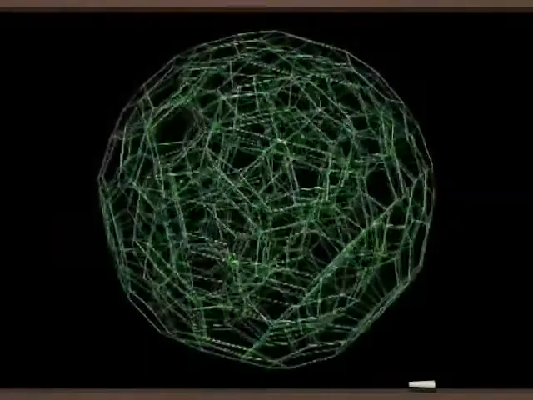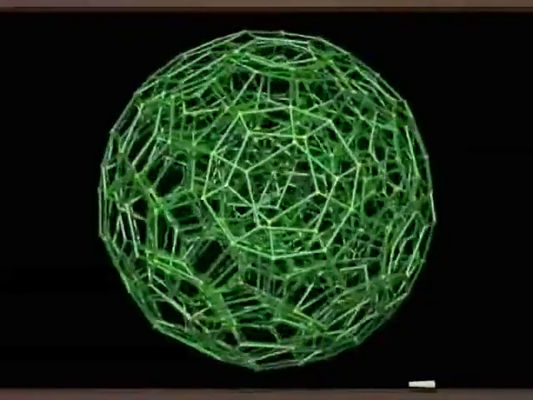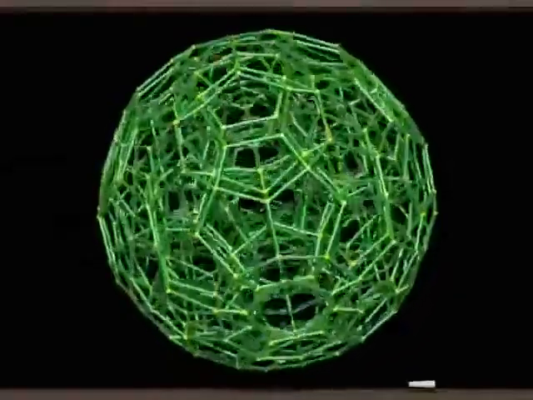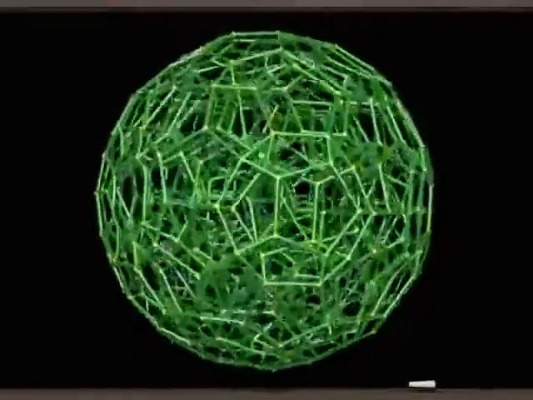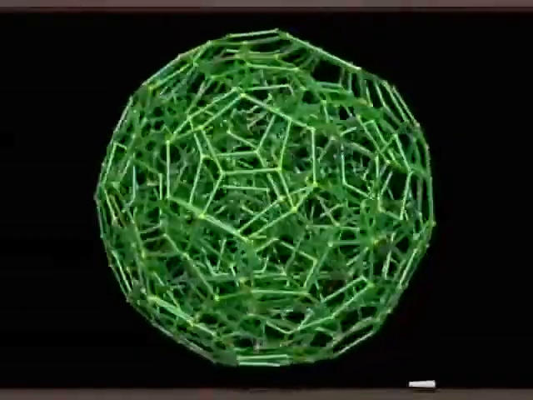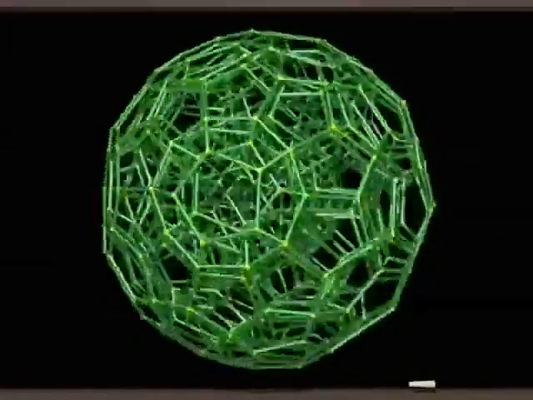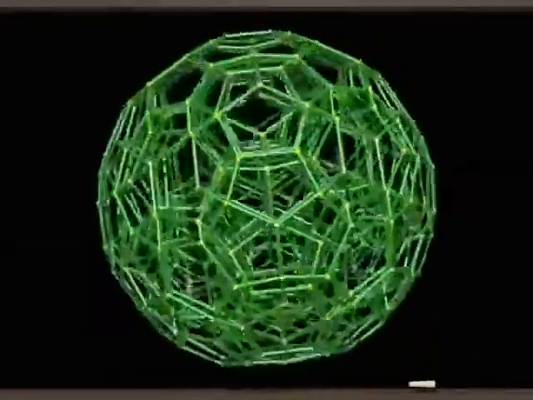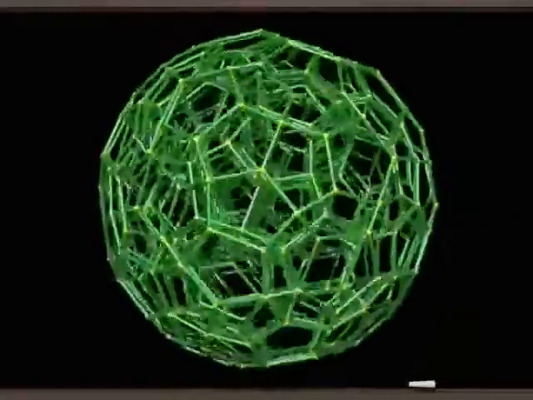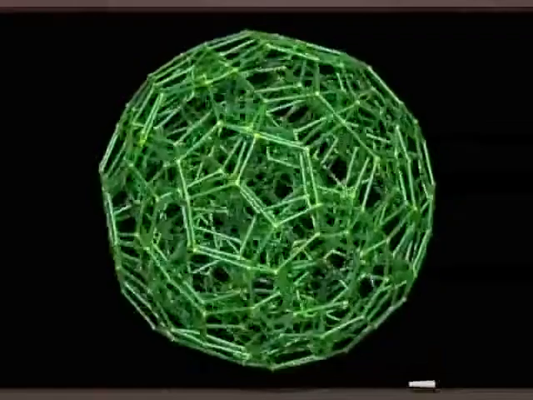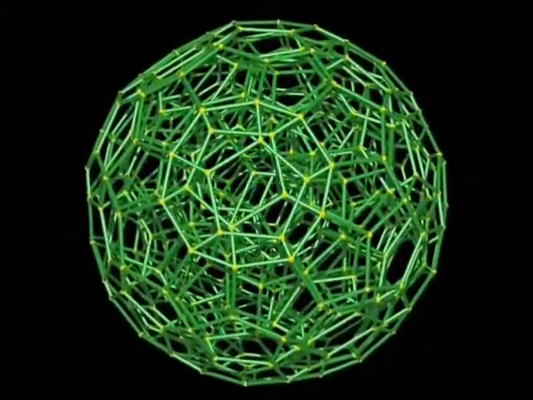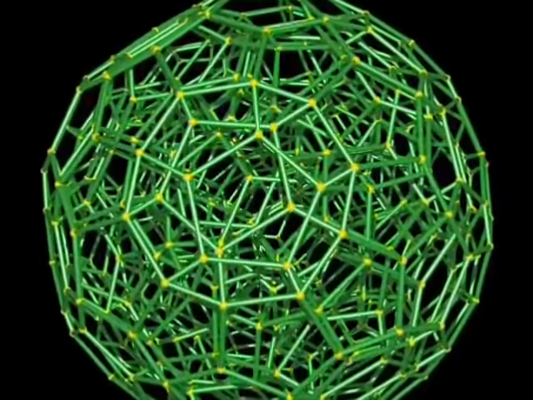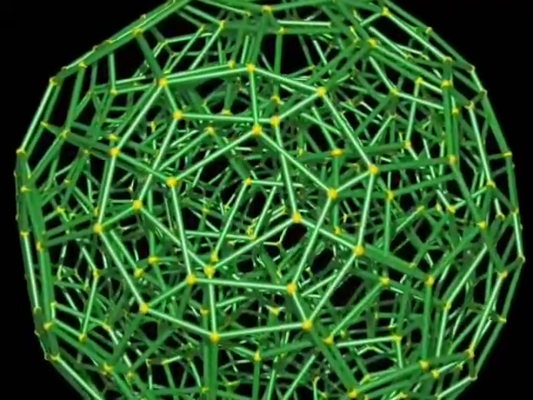Here is the shadow of the 120 cell in all its majesty. A rather complicated majesty, you have to agree. Let's get inside and have a look at its structure.